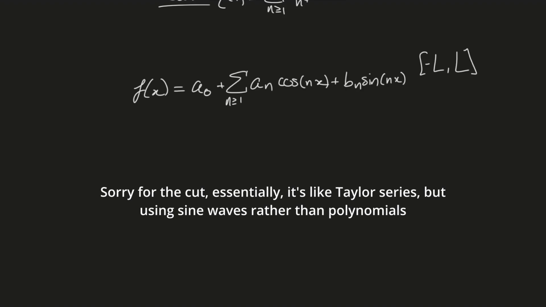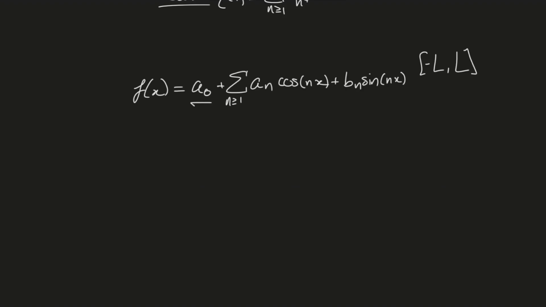Now to find these coefficients and that a naught value, we have a couple formulas, namely a0 is equal to 1 by 2L, and this is the length of this interval, times the integral from negative L to L of f of x dx. So this is pretty easy to evaluate.